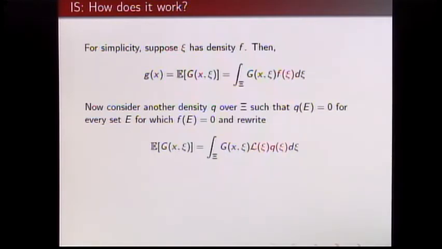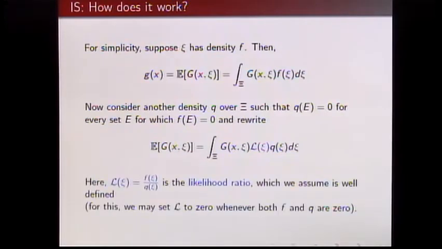Instead of F, I take this integral with respect to this density Q, but then to get the same thing, I have to multiply it by something called the likelihood ratio, which gives me F divided by Q for all C's. If both are 0, you set L to be 0, for example. Okay?